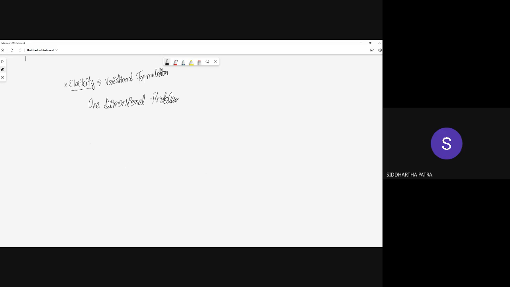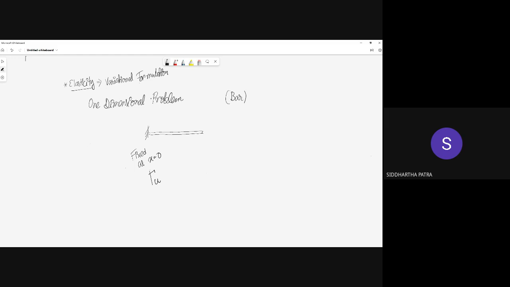And what is a one-dimensional problem? We have this rod right here, which is the so-called bar in the finite element method. Now, typically you have seen that the rod is fixed here, which makes x equals 0 gamma u.